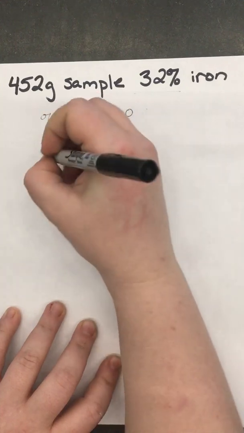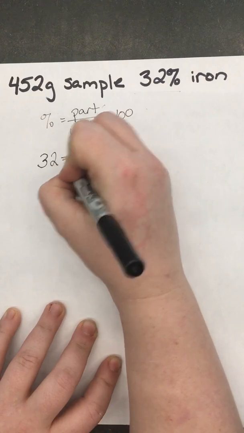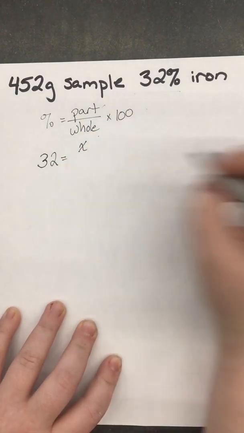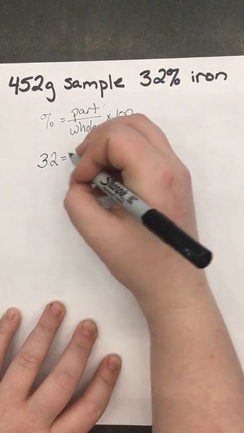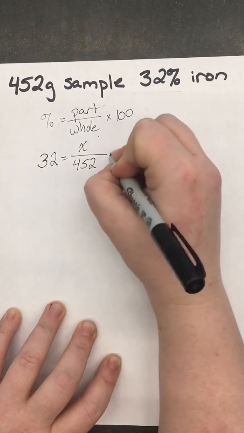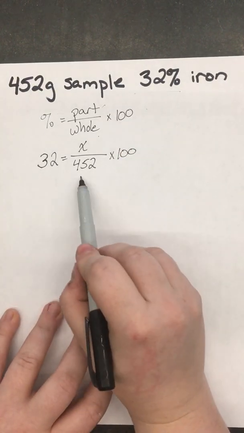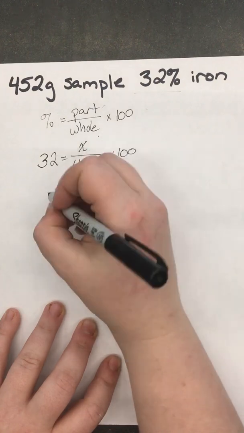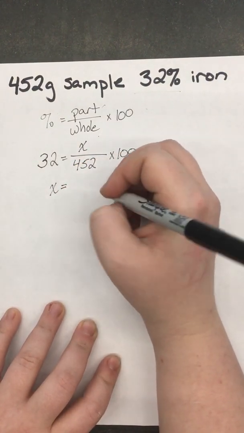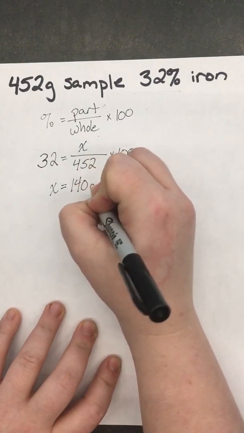So I have 32% is, I want to know what part of this is iron, divided by my entire sample, which is 452 grams. So I have the percent, I have the whole. I'm simply going to solve for x. And when I do that, I get x is equal to 140 grams.